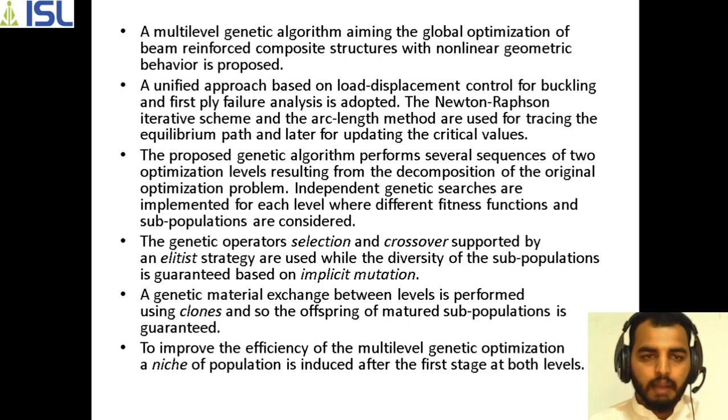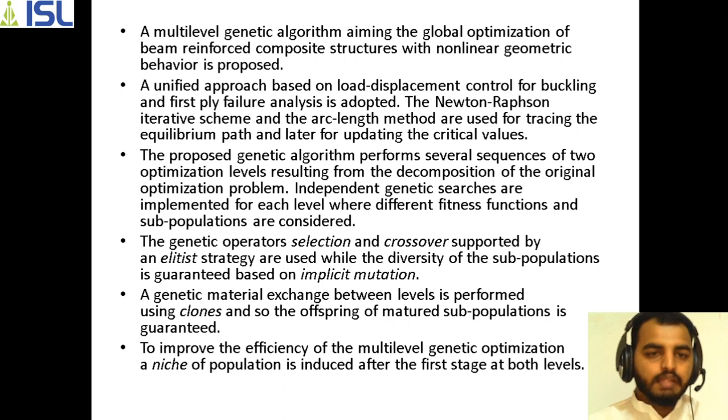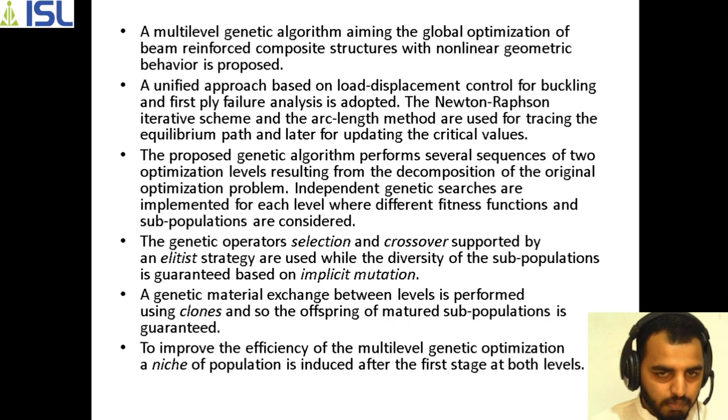The Newton-Raphson iterative scheme and the arc length method are used for tracing the equilibrium path and later for updating the critical values. Further, the proposed genetic algorithm performs several sequences of two optimization levels resulting from the decomposition of the original optimization problem.